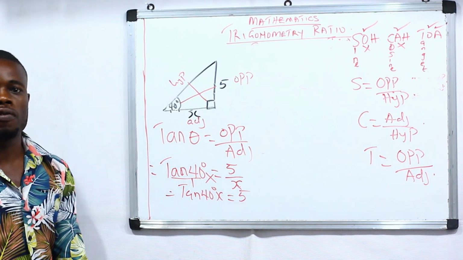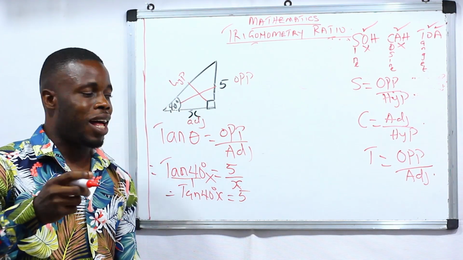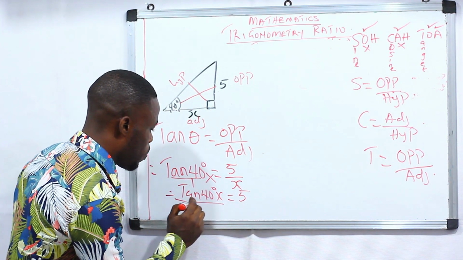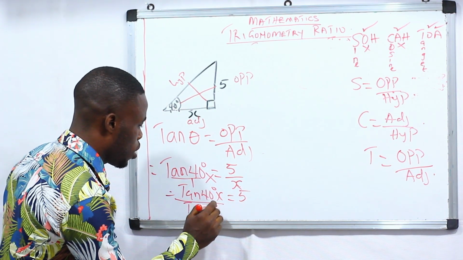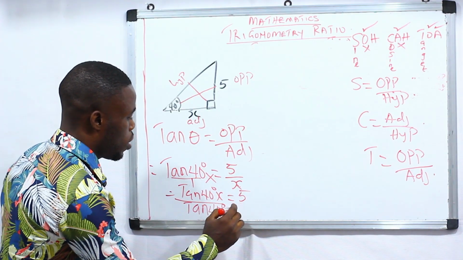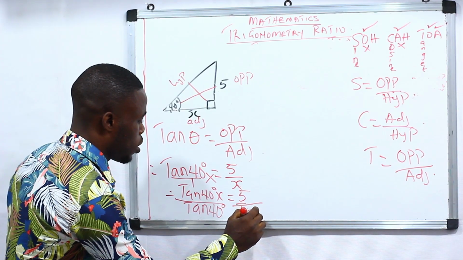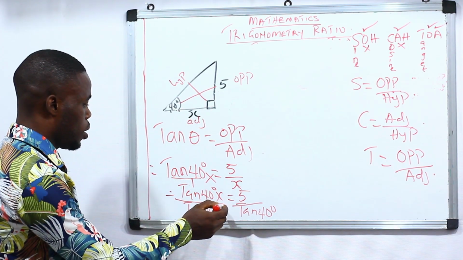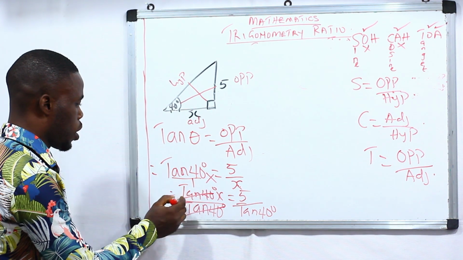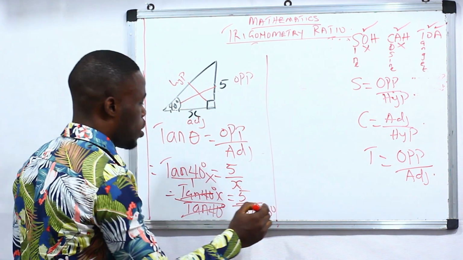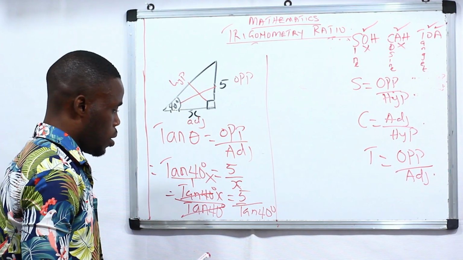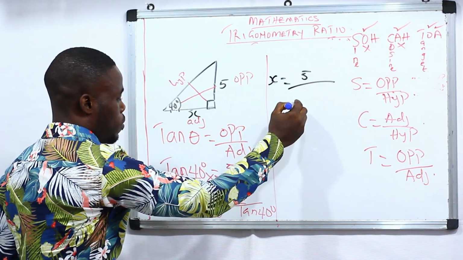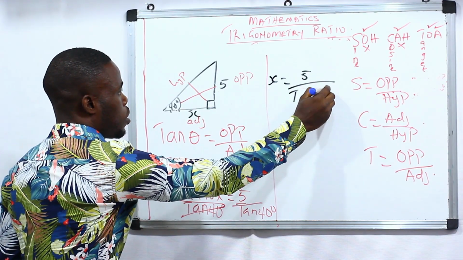So for me to make x the subject of the formula, every number and every variable that is close to that x will be eliminated by dividing both sides by tan 40 degrees. So we are going to divide both sides by tan 40 degrees. So we are left with x equals 5 over tan 40 degrees.